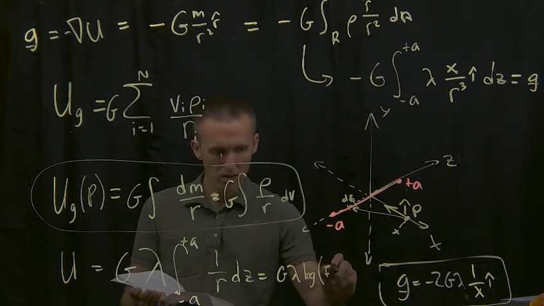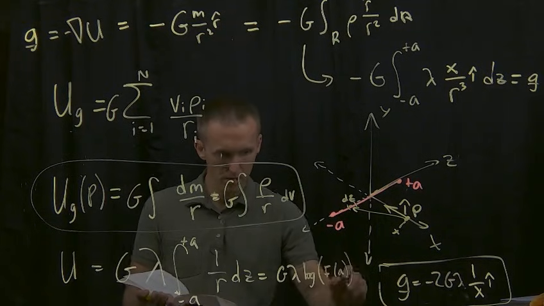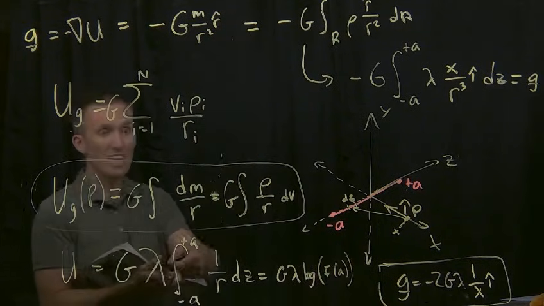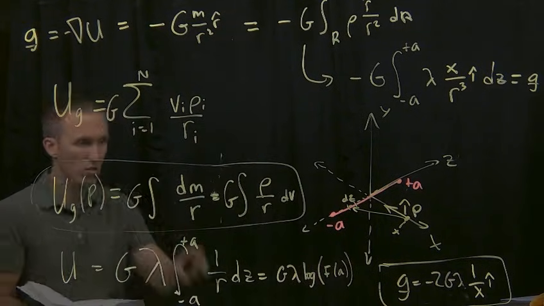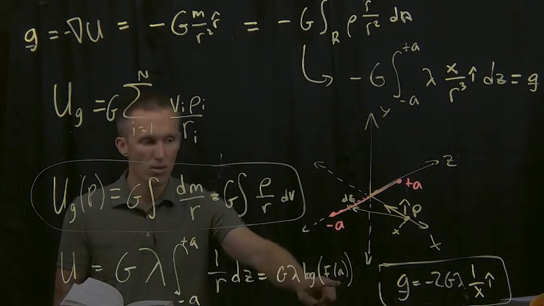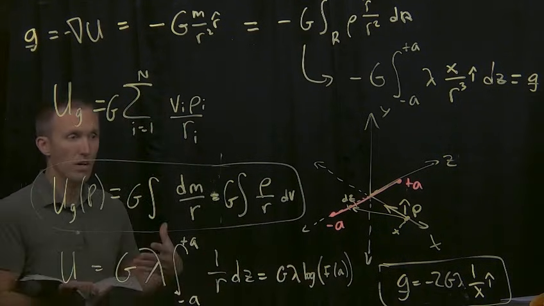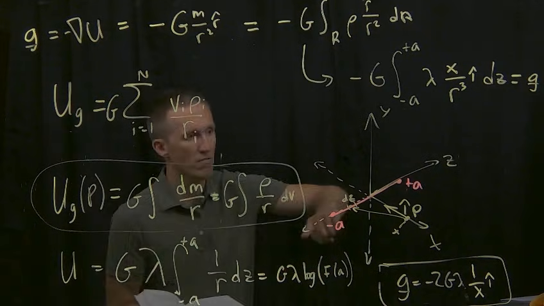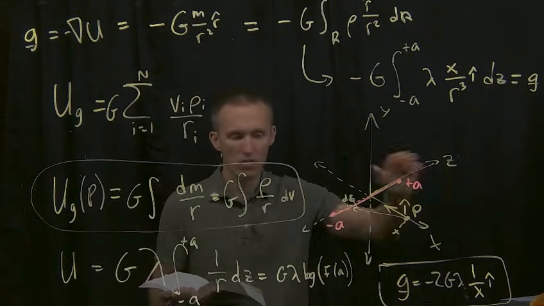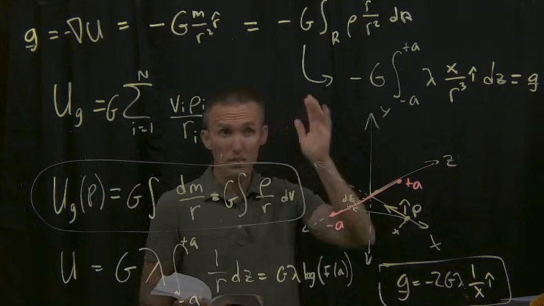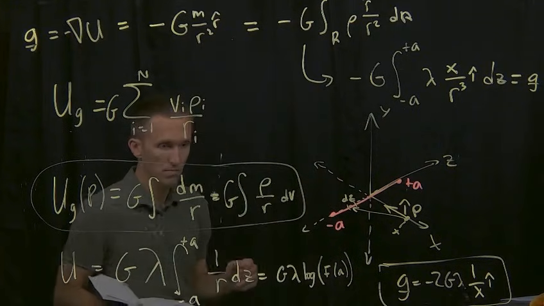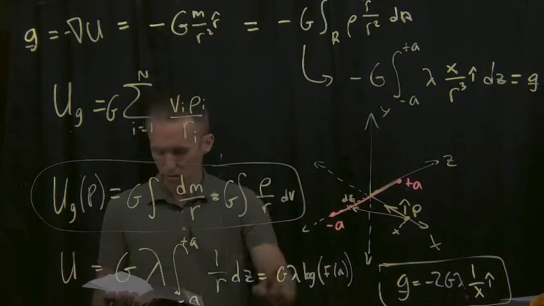I'll just call it f of a. This is the key thing in 2 dimensions. In 2 dimensions, we get logarithms. Logarithmic potentials are what come out of having these infinite length wires, infinite distributions that we use as approximations for 2D distributions. Okay, so you get these logarithm terms.